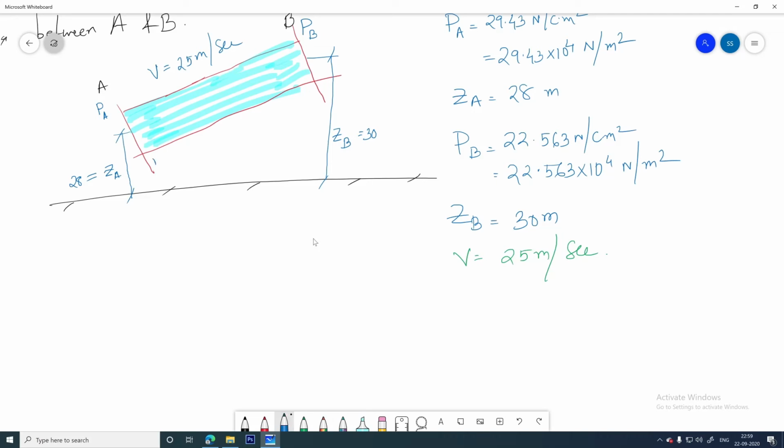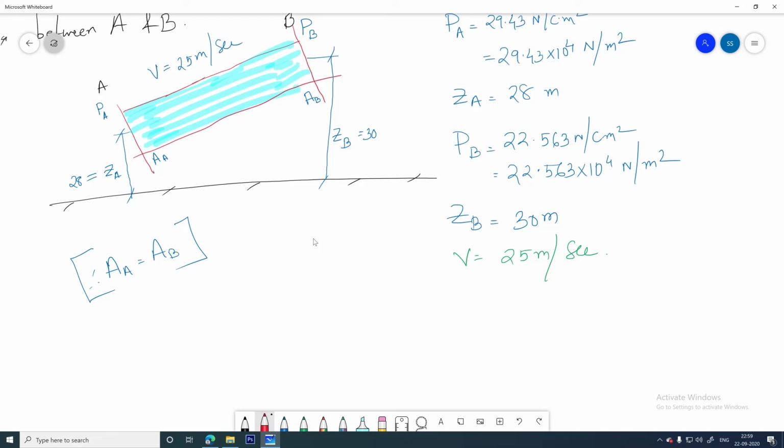So if we have A suffix A here, and A suffix B here, that means a section at A and a section at B, so definitely AA equals AB. At section A and section B, if we consider these two places, it should be equal.